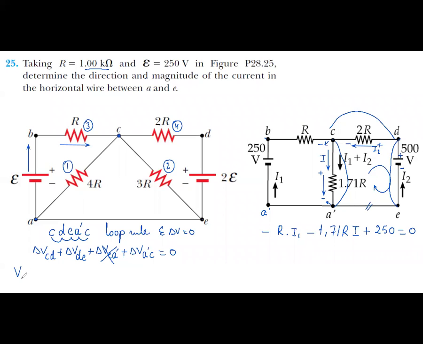So V final minus V initial plus V final minus V initial plus V final minus V initial equals 0. We start by C and we finish by C. We have to look at the sign of VD, VE, and VC.